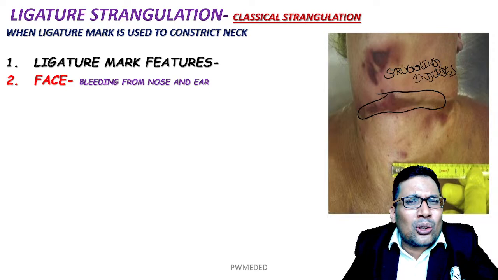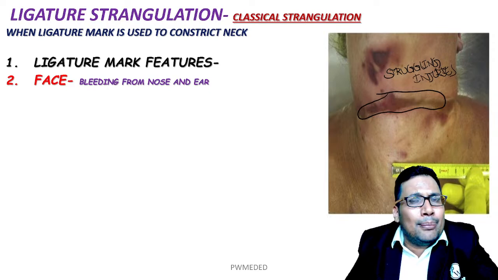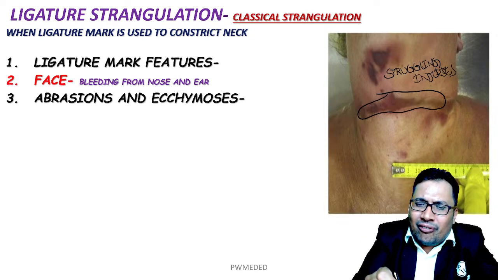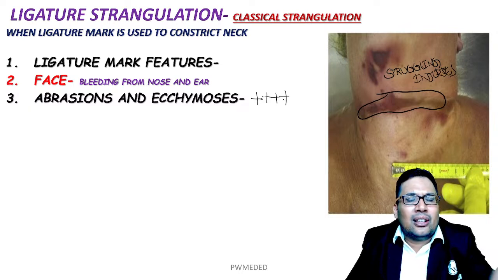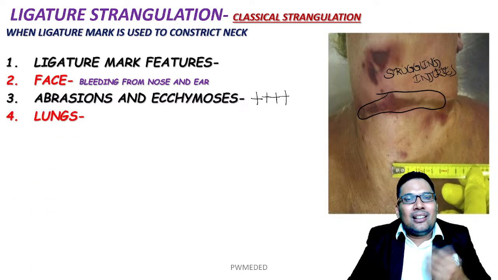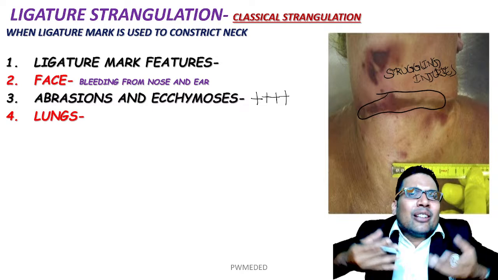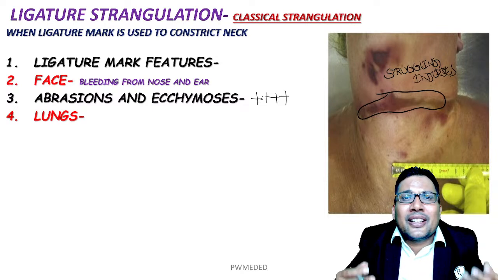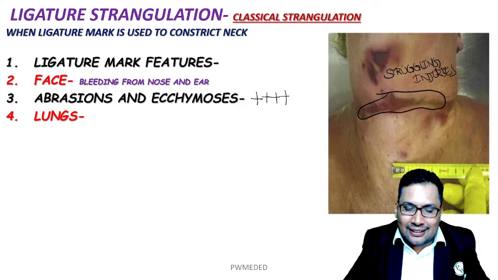Face: because of the venous congestion, there can be bleeding from the nose and the ear. Abrasion and ecchymosis are very commonly present in case of ligature strangulation. Lungs: because of the breathing efforts, the lungs are emphysematous. You can see the emphysematous bullae over the surface.